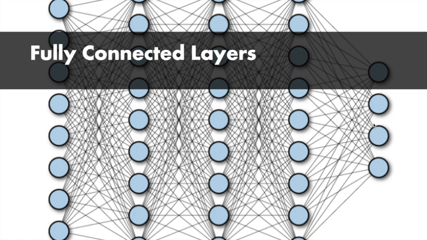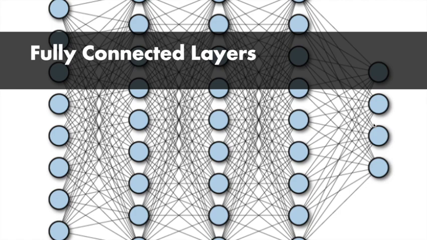And as you can see here, a fully connected neural net can be represented by a complete bipartite graph where every node in the input is connected to every node in the output. Fully connected layers contain the maximum possible number of parameters, and that's why they are actually quite expensive.